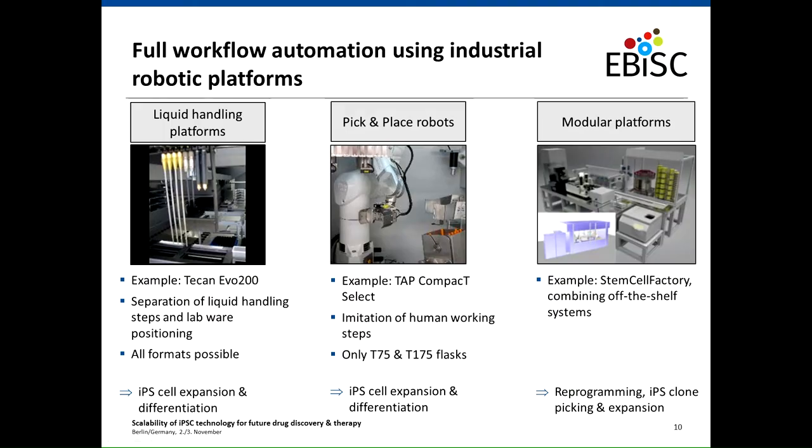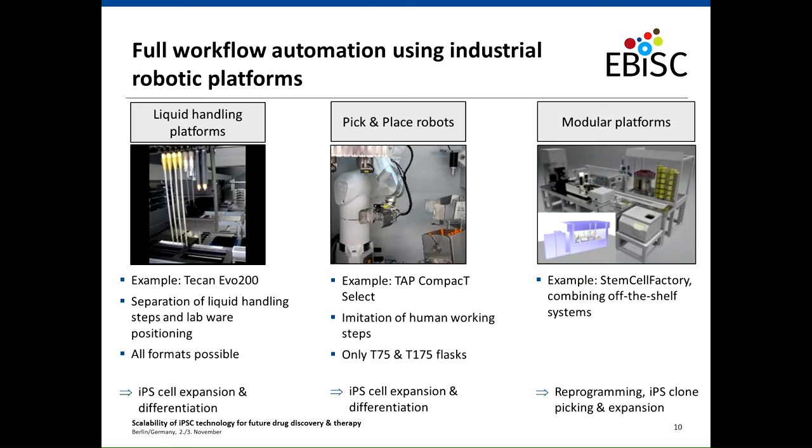And finally, there are several modular platforms available, like here the stem cell factory that was also part of EBiSC. And here the point is that different off-the-shelf systems are combined and connected. So, for example, you have a pipetting station, then you have a microscopic station, or even clone picking was possible here, integrating a system called CellSelector.